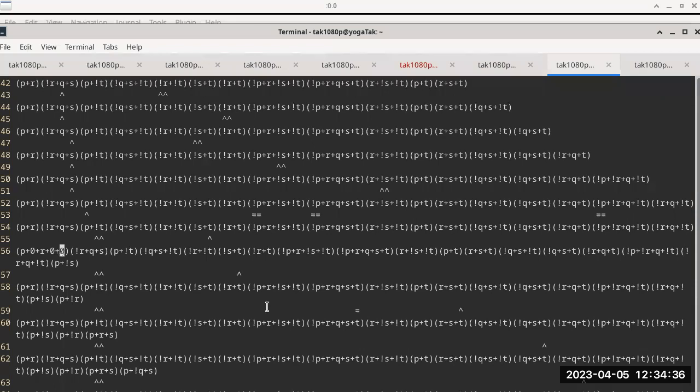Now each one lines up, and there are 5 items in each and every single disjunction. The position tells you which variable you're dealing with. The first one is P, the second one is Q, the third one is R, and so on. So using that as a representation of a disjunction, how would you spot something that you can resolve?